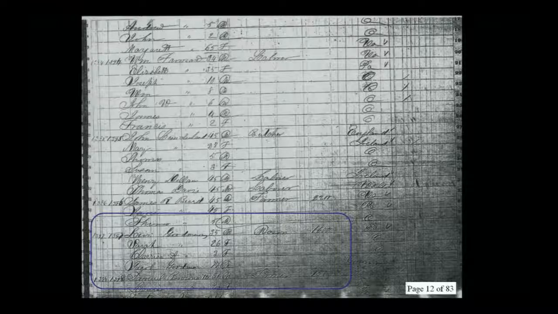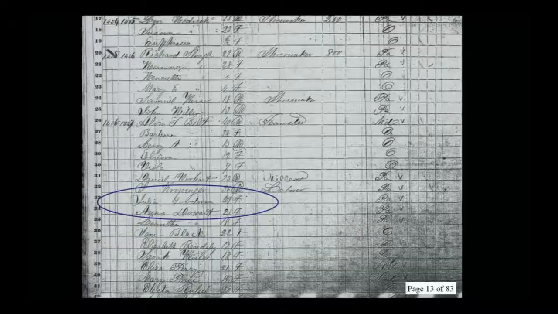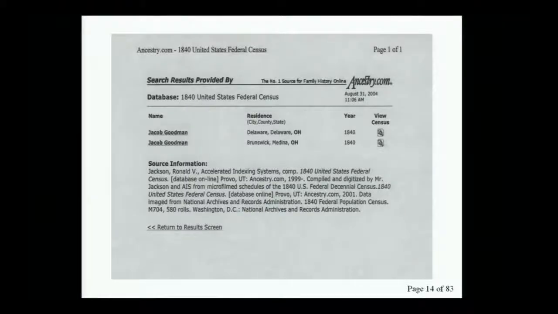So my next step is to take these names, these possible ancestors. There's also in here, there was an Adam. On the censuses, he and Israel were the same age, so I discounted Adam to begin with. So I go to the 1840 census on slide 14, and there's 2 Jacob Goodmans in Ohio. One is in Delaware, and the other one is in Brunswick.